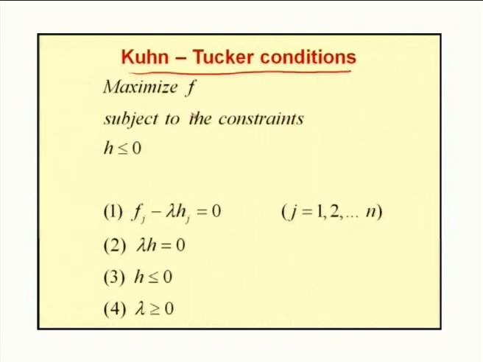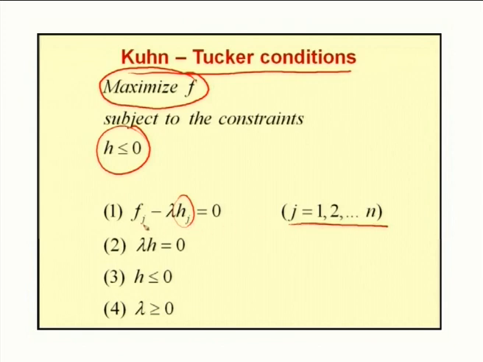Now, the Kuhn-Tucker condition for a nonlinear programming problem which maximizes f subject to the constraint h less than or equal to 0 is f_j minus lambda h_j equal to 0, j varies from 1 to n. Here f_j means partial derivative of f with respect to the decision variable x_j, and h_j is partial derivative of the function h with respect to the decision variable x_j, j varies from 1 to n.